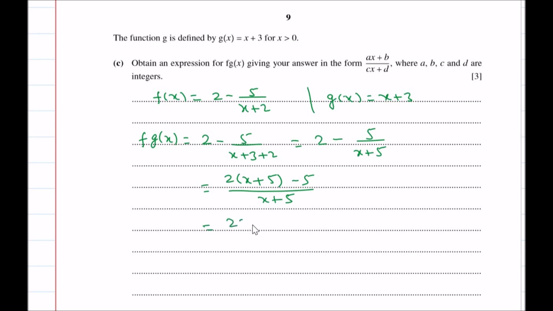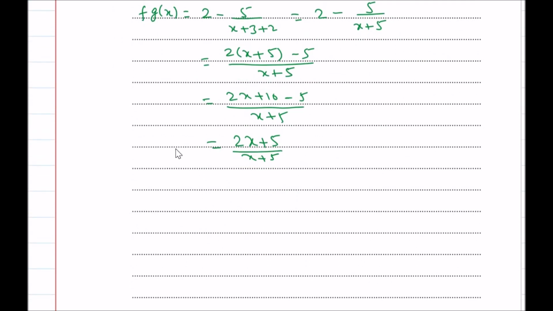So we get 2x plus 10 minus 5 by x plus 5. So we get 2x plus 5 by x plus 5. So this is the answer, fg(x).